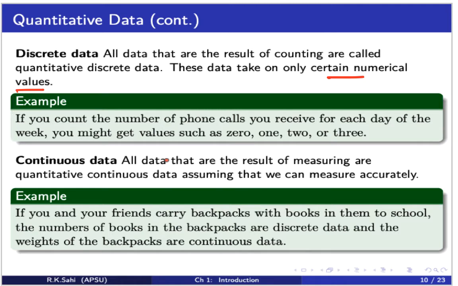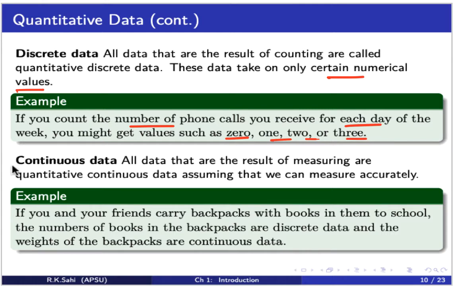I would like to count the number of phone calls one receives on each day of the week. What are the values of phone calls? You can have 0, 1, 2, 3. Sometimes it's definitely going to be more than 3. But the way we're saying number of phone calls for each day of the week, there's a possibility that you can have more than 50 calls also.